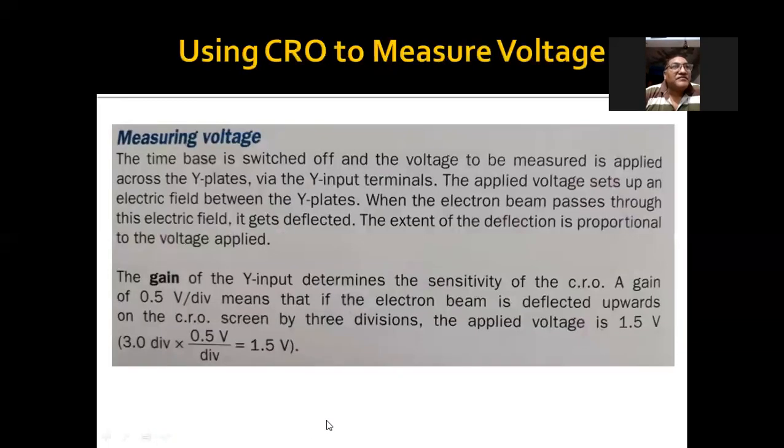Okay. How do you measure the voltage? For example, if on a CRO screen you see a graph, in the shape of a wave, you check how many squares it has gone up from the mean position, or how much below it has gone from the mean position.